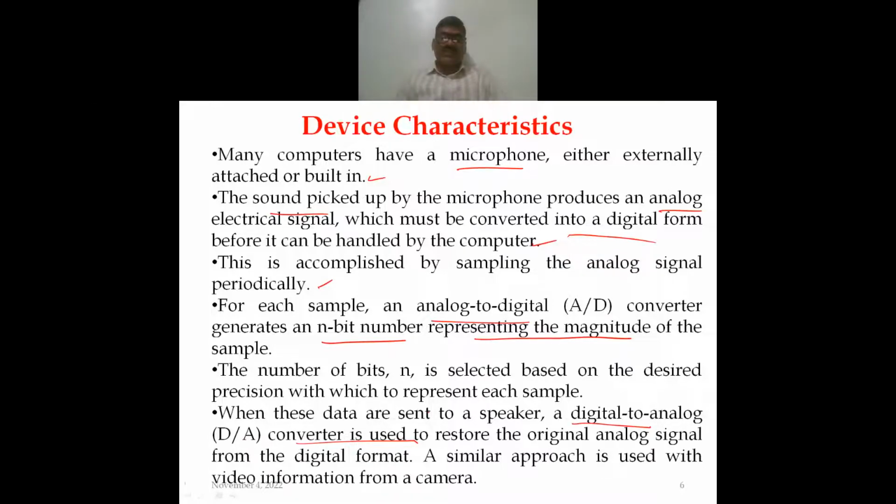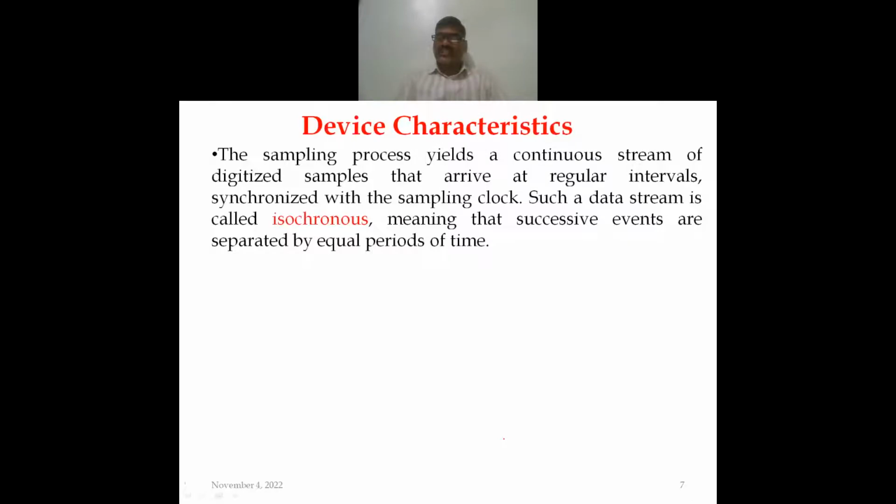A similar approach is used with video information from a camera. When we record video and transmit it from source to destination, we require these converters. The sampling process yields a continuous stream of digitized samples that arrive at regular intervals, synchronized with the sampling clock.